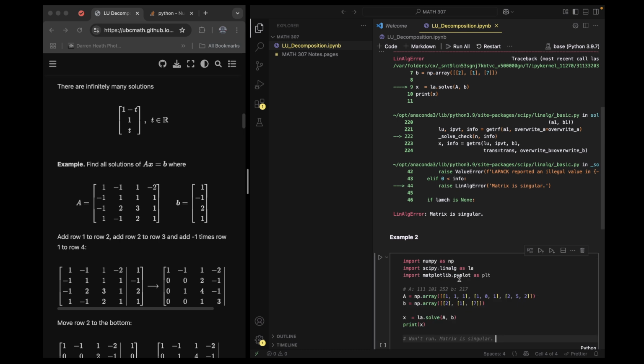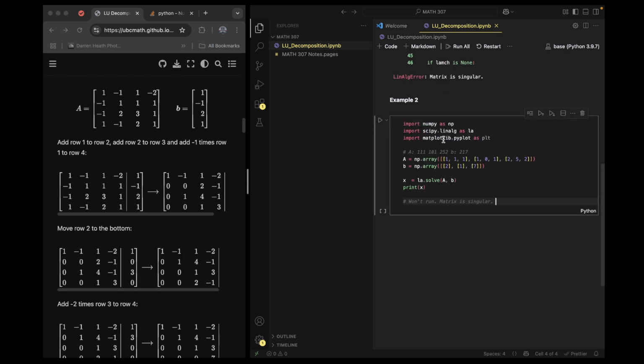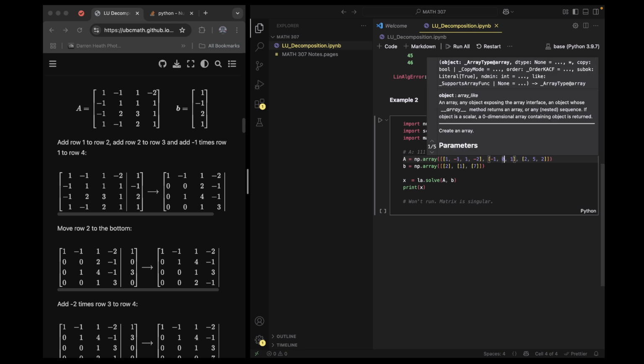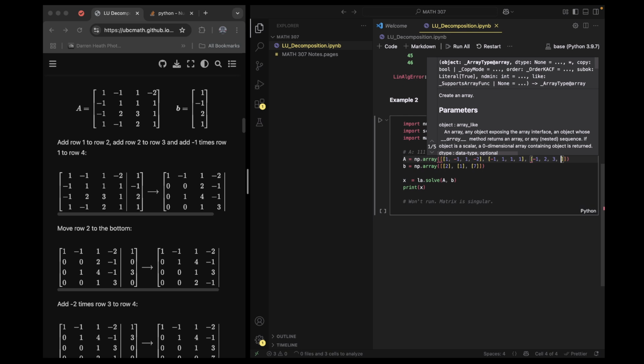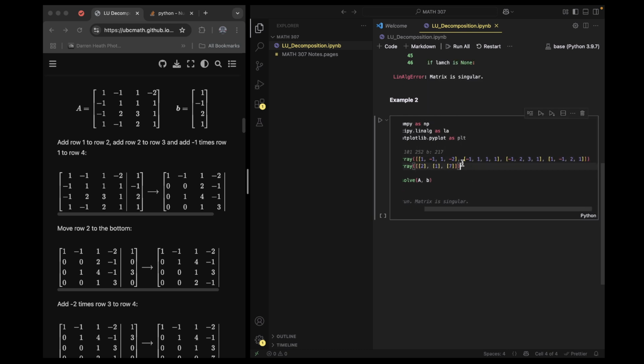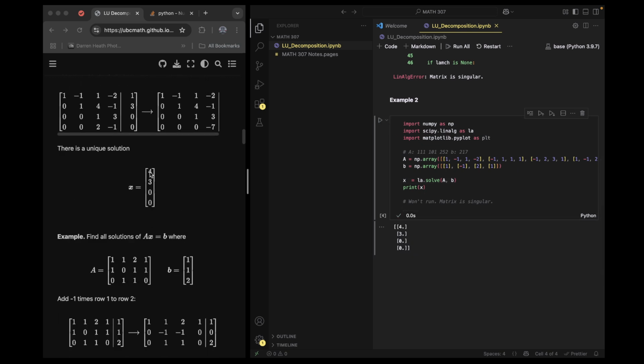Example 2: 1, -1, 1, -2, 1, 1, 1, -1, 2, 3, 1, 1, -1, 2, 1, and b is given by 1, -1, 2, 1. Run this, we get the solution. Awesome.